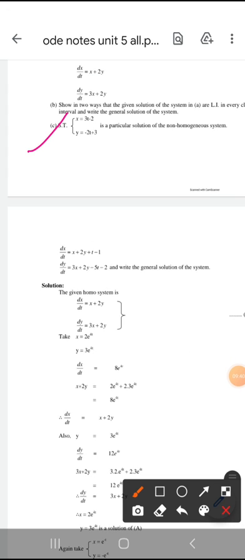Now the C part. Show that x = 3t - 2, y = -2t + 3 is a particular solution of the non-homogeneous system.